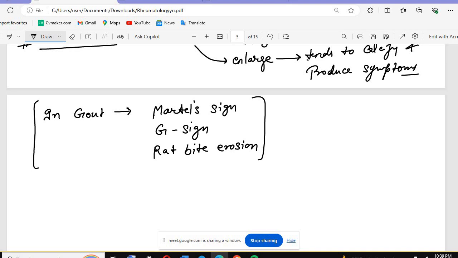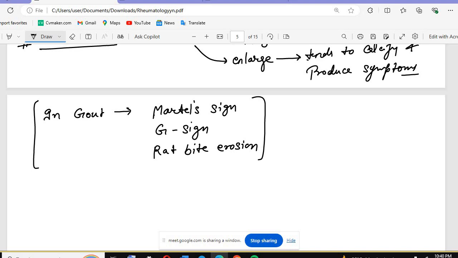Okay, this is what you are seeing on the X-ray, where you will see the Martel sign. Sometimes it is called the G sign or the Martel sign.